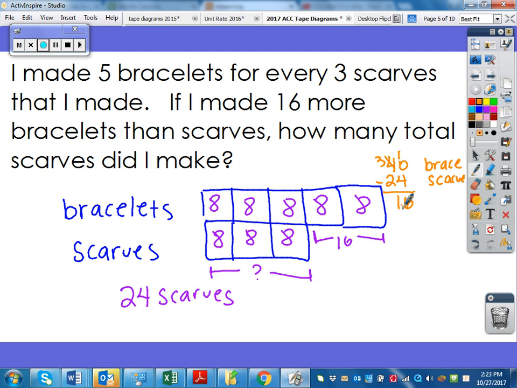Now let's check to make sure that my ratio is right. The original ratio was 5 bracelets for 3 scarves, and I found out that I had 40 bracelets and 24 scarves. I'm checking to make sure that those are equivalent. 3 times 8 is 24, and 5 times 8 is 40. So that works.